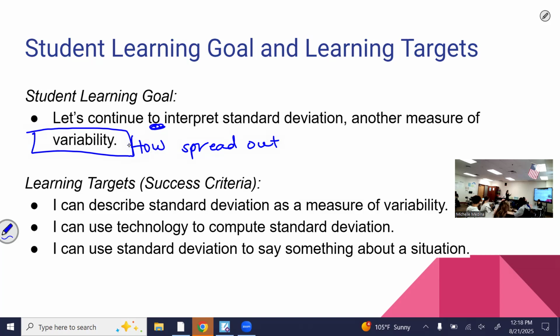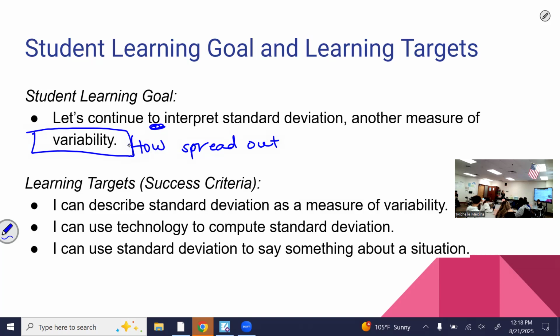If it's a measure of variability, like MAD, IQR, range, standard deviation, it tells me how spread out the data is. Obviously, they're all different a little bit, like they're calculated all different ways, but it's how spread out your data is. So if something is very spread out, would I expect the standard deviation to be high or low?